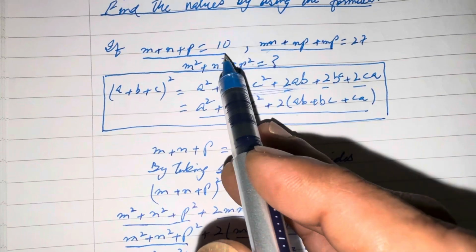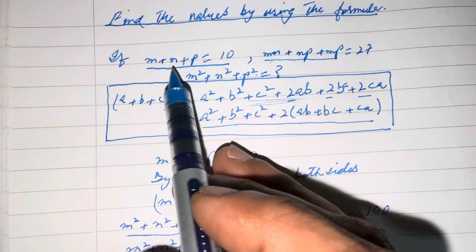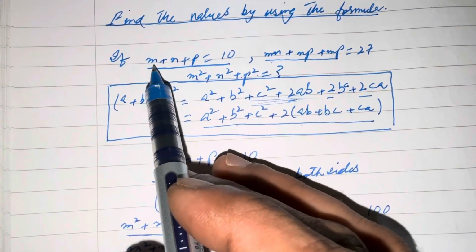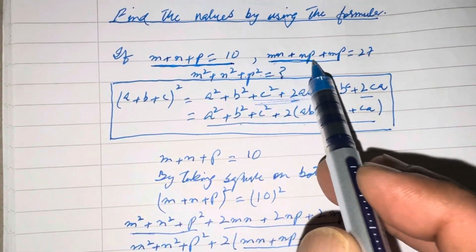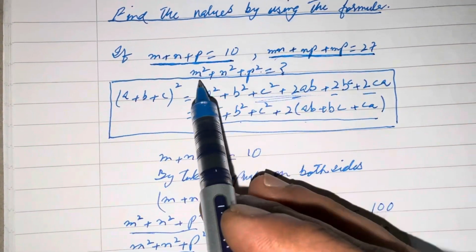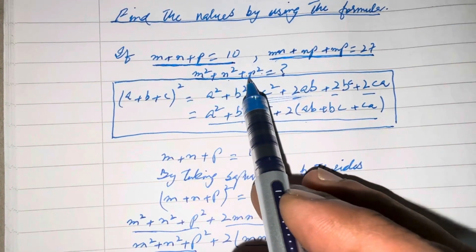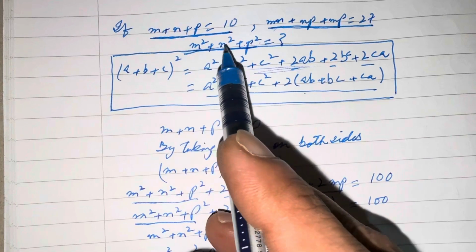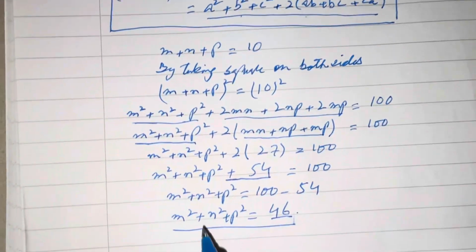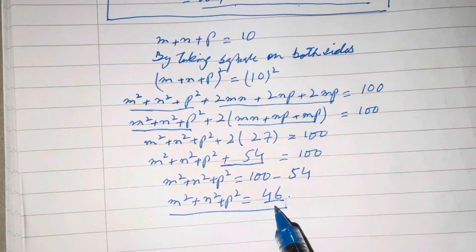So once again, in the question these two values were given and we have to find the value of this thing. The value of m square plus n square plus p square will be equal to 46.